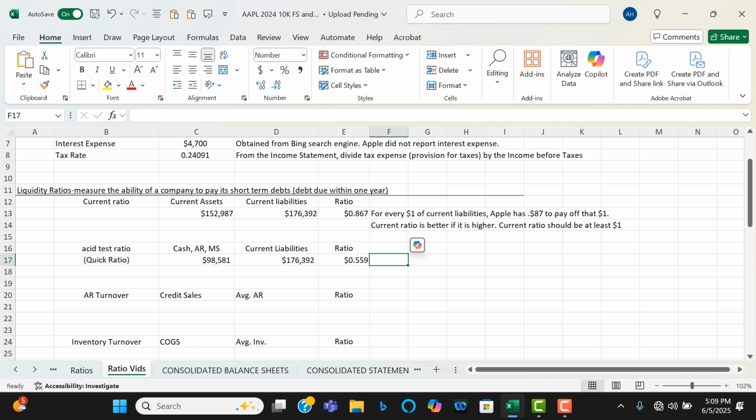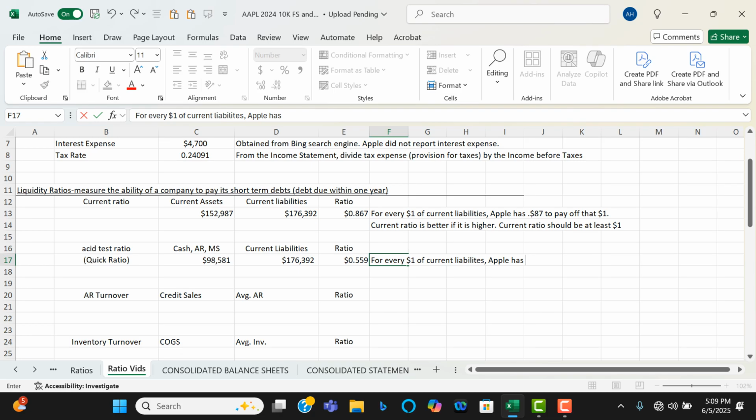And so this is telling you that for every $1 of current liabilities, Apple has, how much is that?